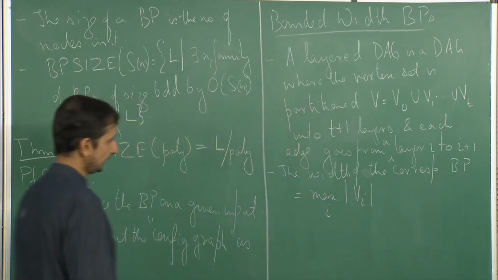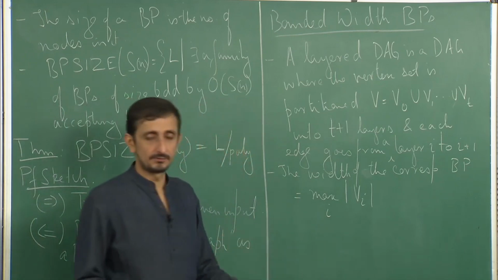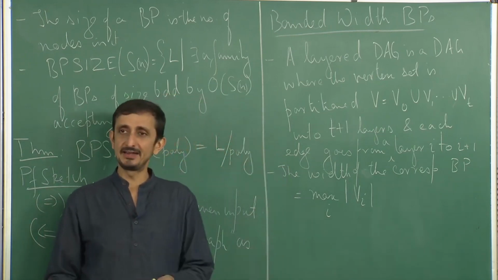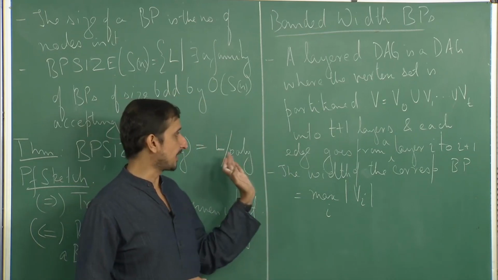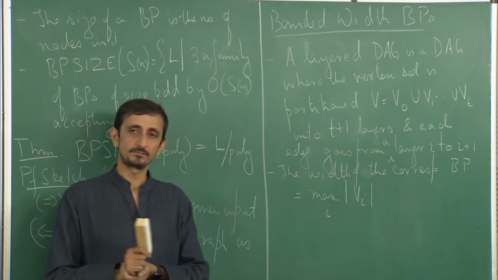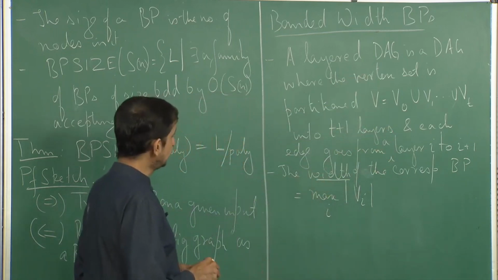Okay. So now we have a concept of a width of a branching program. If the branching program corresponds to a layered DAG, and I look at the maximum size of a layer in that layered DAG, that is the definition of the width of a branching program.